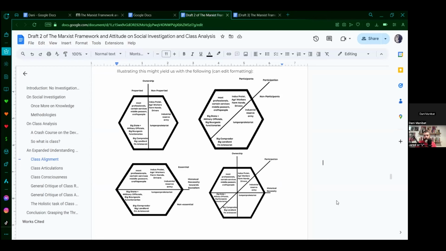And if you even put the line of historical necessity, of course, no one will argue that drug pushers and gang members are necessary in socialism. So even if they are non-property, because they are not necessary for socialism or a more advanced society, neither do they participate directly in production.